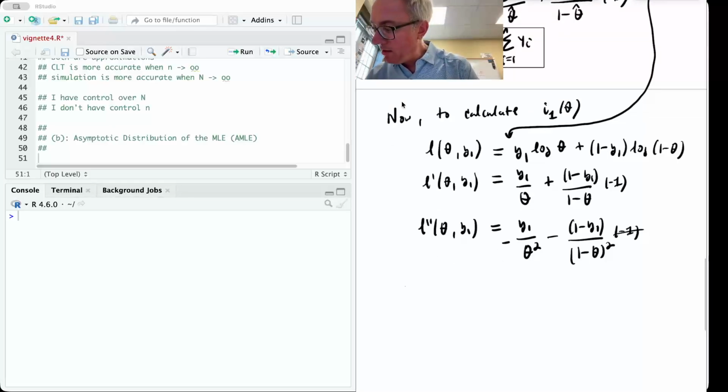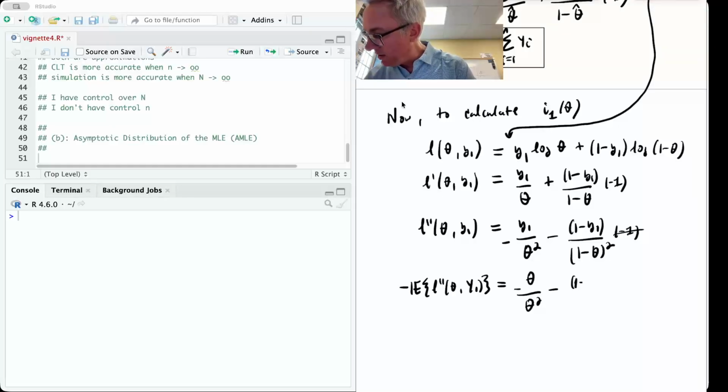Okay, now I take minus the expected value of this second derivative, viewing the y1 as a random quantity. The expected value of y1 is theta from the Bernoulli model. So this is going to be theta over theta squared minus 1 minus theta over 1 minus theta squared. And actually, we got to pay attention to this minus out here, which is going to make these all pluses.